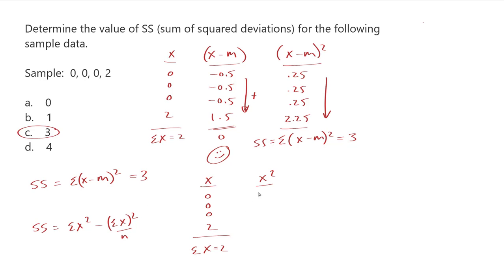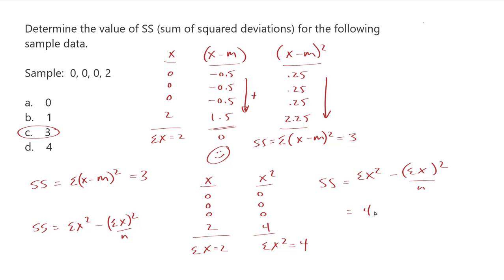I need my squared values, which will be easy because 0 squared is still 0. 2 squared is just 4. When we sum these up, it's going to be how much? It's going to be 4. And my sum of squares is equal to the sum of x squared minus the sum of x in brackets squared over n.